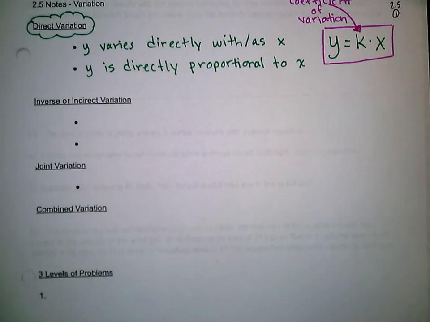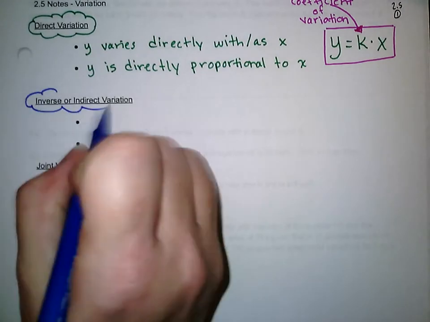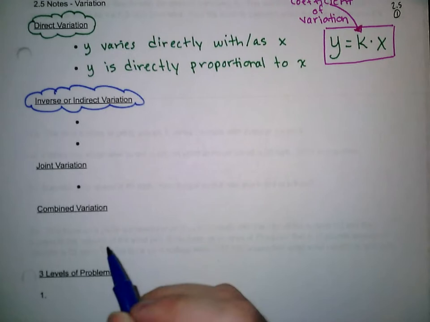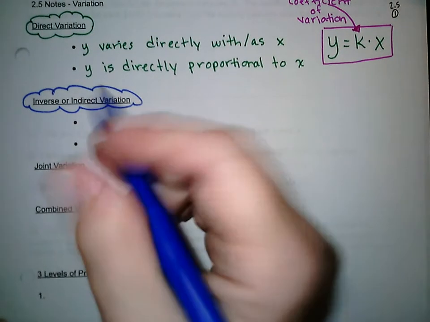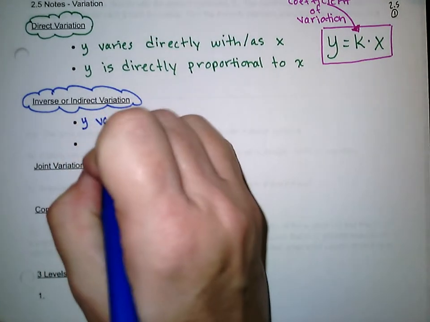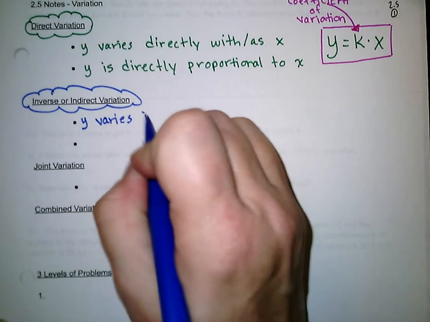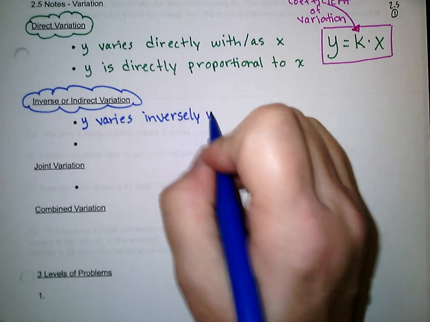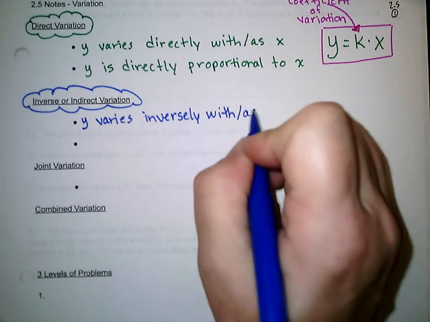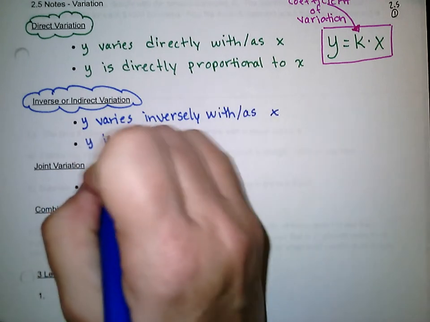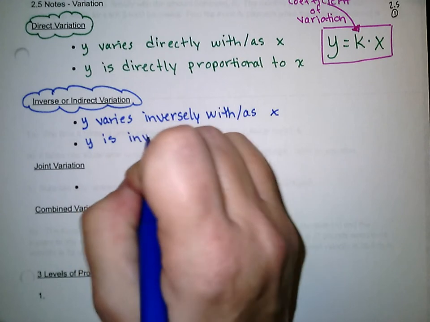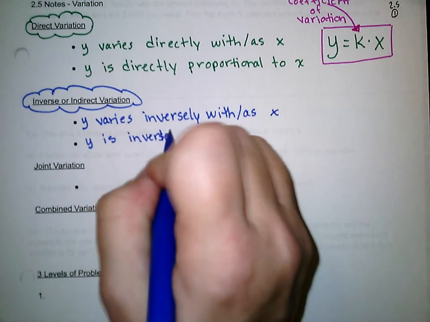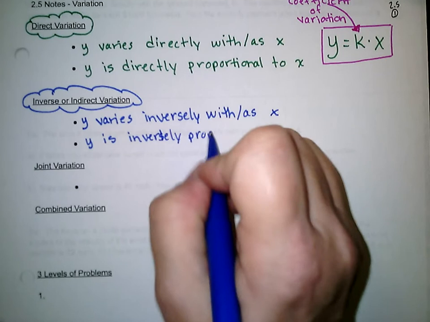The next type we're going to look at is inverse or indirect variation. So you'll recognize that because it will say y varies inversely or indirectly with or as x, or y is inversely proportional to x.